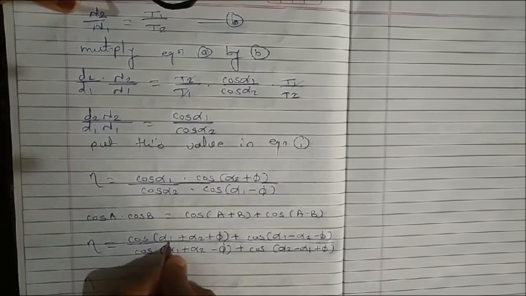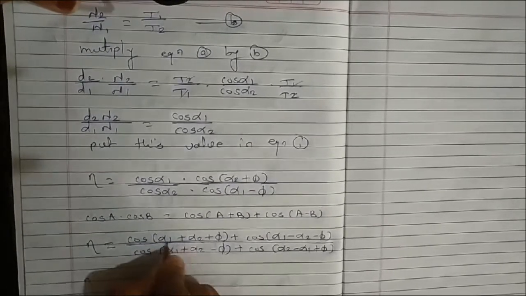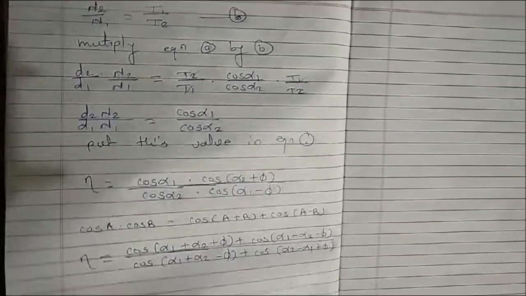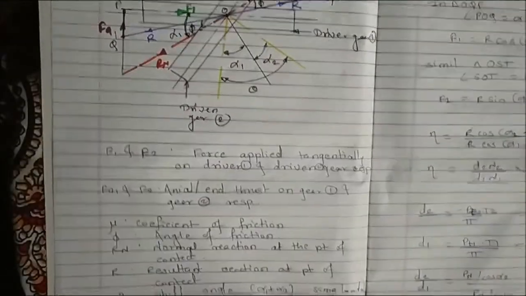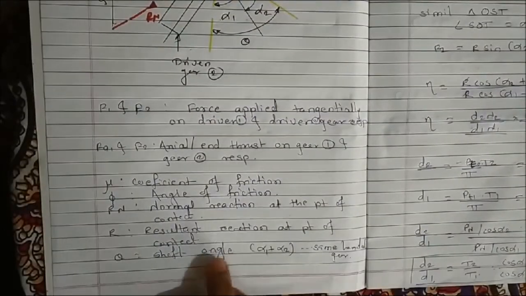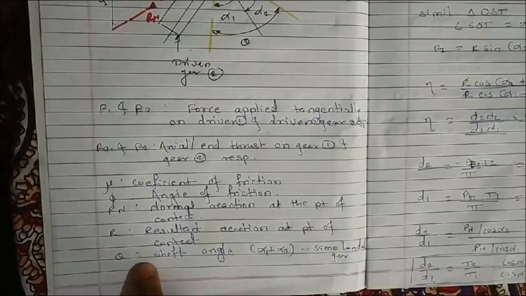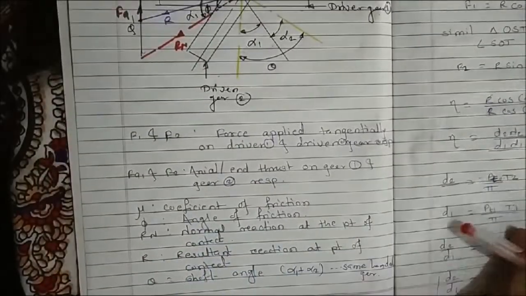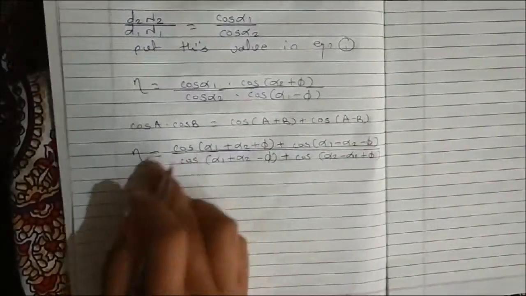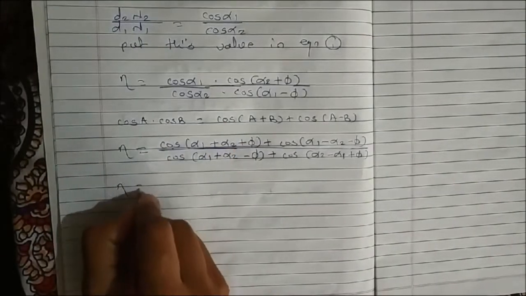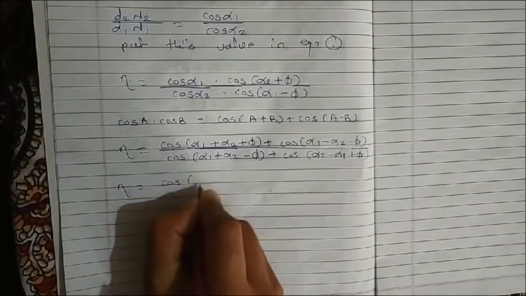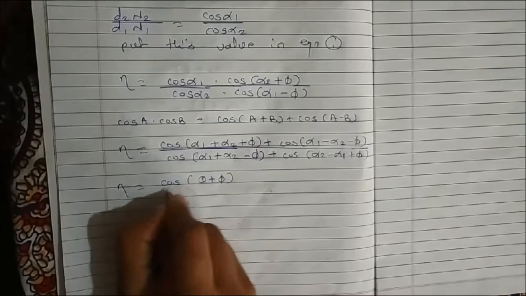Cos of alpha 1 plus alpha 2, when we use the same handed spiral gear, then that alpha 1 plus alpha 2 is nothing but shaft angle. So instead of alpha 1 plus alpha 2, let's put the shaft angle. So it is cos of theta plus phi.